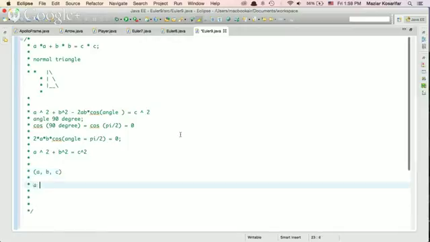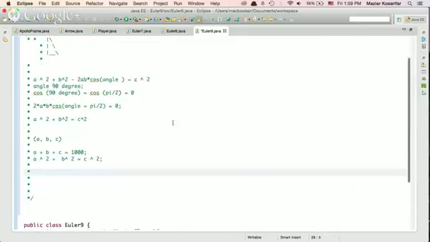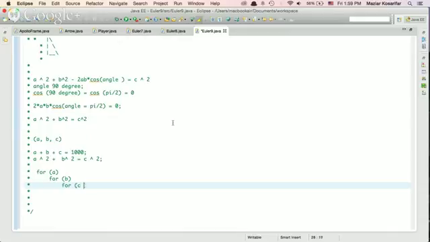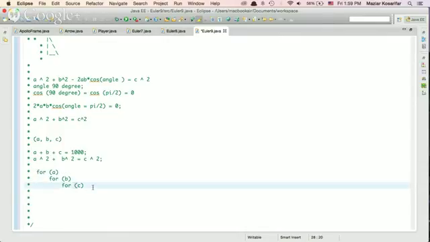So what we know here is that we have three numbers, a, b, and c. A plus b plus c should be equal to 1000, and a to the power of 2 plus b to the power of 2 is equal to c to the power of 2. If we use 3 for loops, one for A values, one for B values, and one for C values, we know that the sum of them should be 1000.